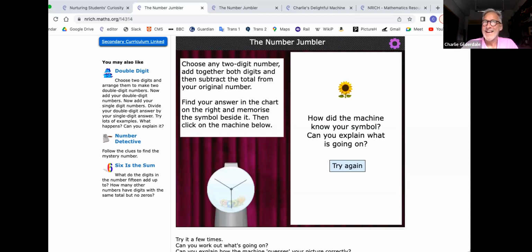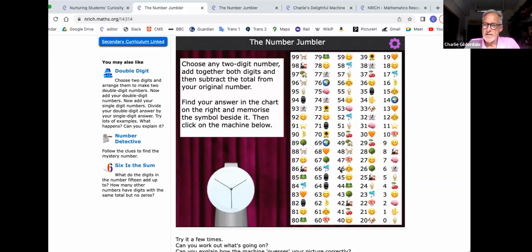There is indeed. So this is a nice example of where students working together, doing this several times, and noticing what's happening. Noticing, for example, that every time I refresh the page on Number Jumbler, the multiples of 9 have a different image.